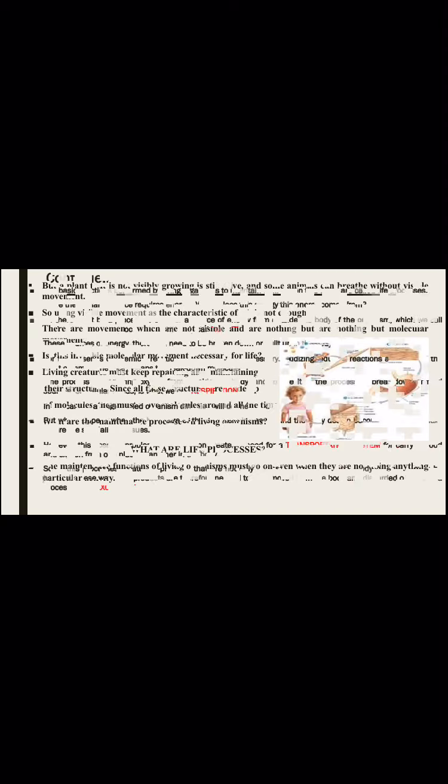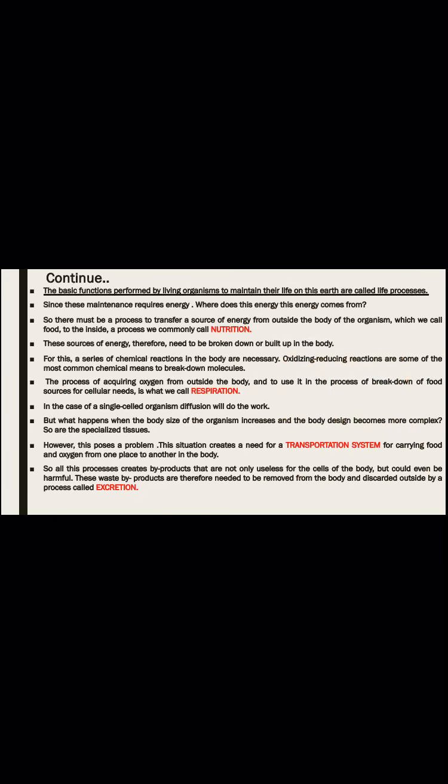So we lead to the next thing: what is the definition of life processes? All the basic functions that are performed by the living organism to maintain their life on the earth, in order to exist, in order to sustain on the surface of the earth, require some form of processes inside our body.